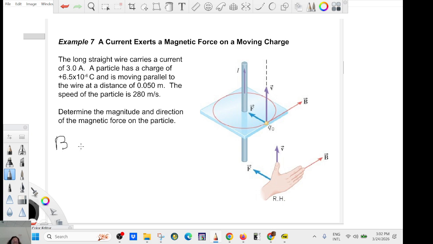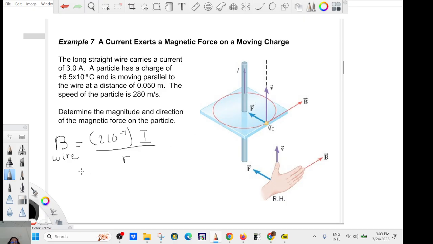So the magnetic field from the wire is 2 times 10 to the negative 7, the current, over the distance. First we're going to find the magnetic field here produced by a straight wire.